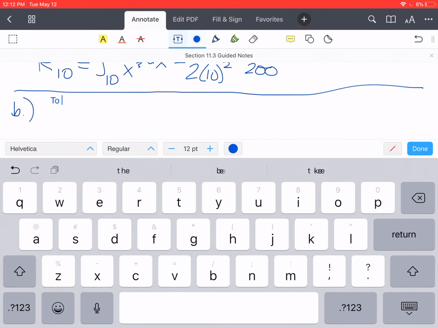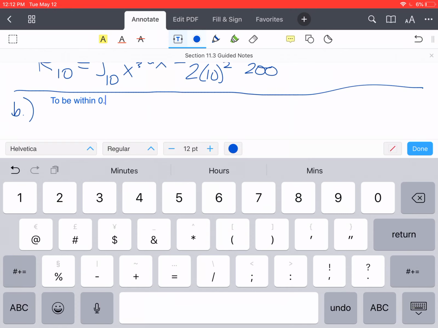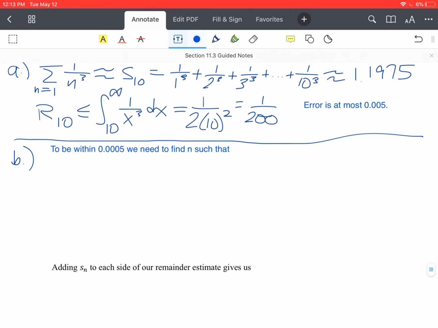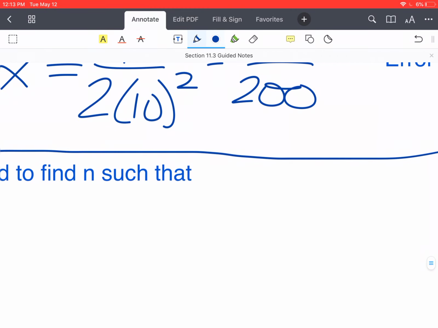to be within 0.0005, we need to find n such that Rn, that remainder, that error, is less than or equal to 0.0005.